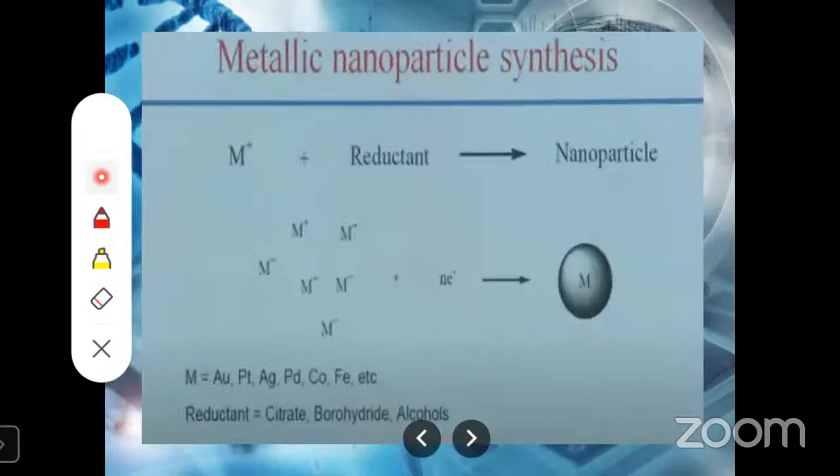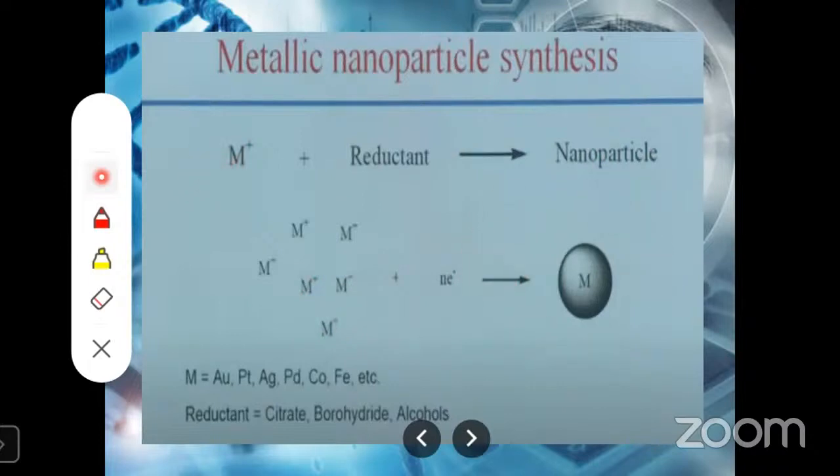So next is metallic nanoparticle synthesis. What will happen here is that if the metal reacts with the reactant, it will give nanoparticles. Likewise, if the metal is in a nucleus, it will give metallic products. Okay.